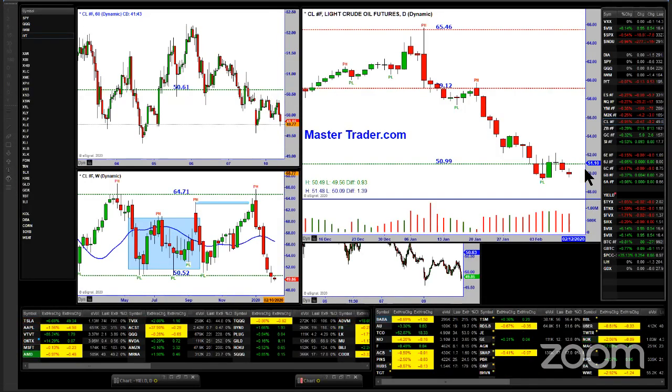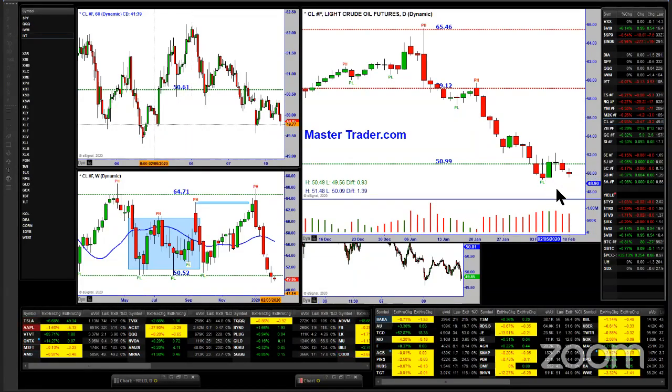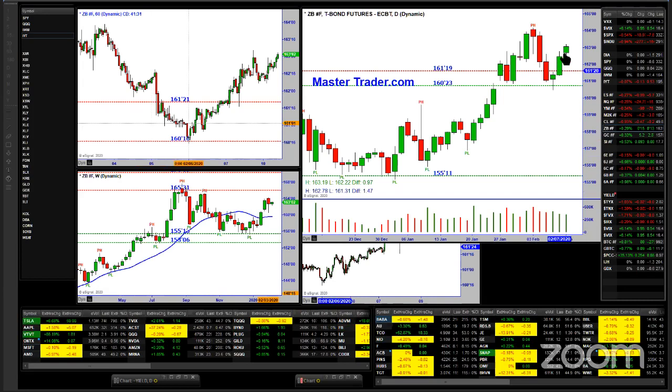Oil continues to be weak. It's down here at the bottom of the range. We're watching to see if this continues. It's already a big move. Maybe it W bottoms here. We don't know. We'll see what happens. Bonds are pushing up, and that is a little bearish for the markets. And so our resistance is up here.